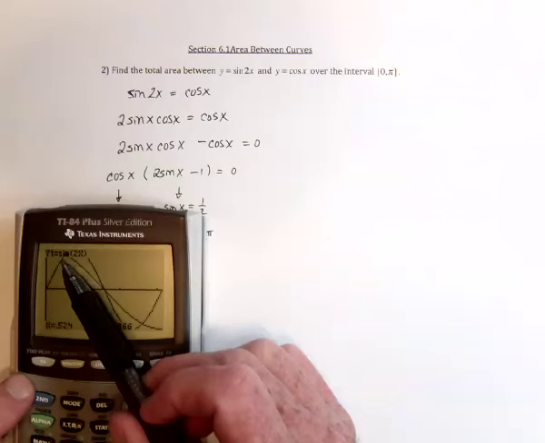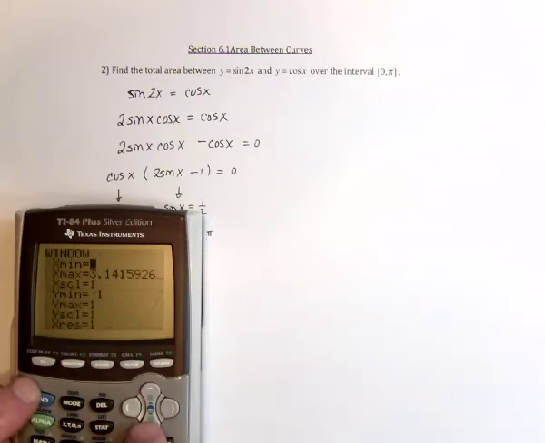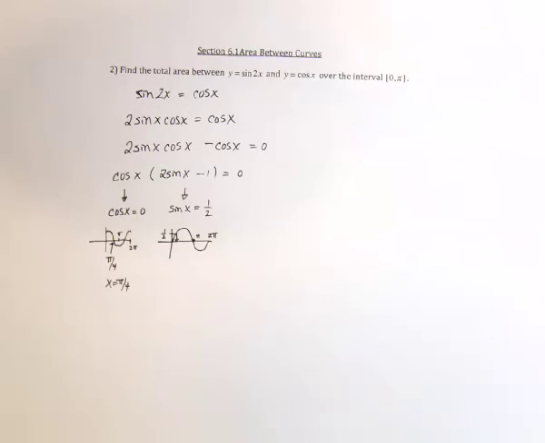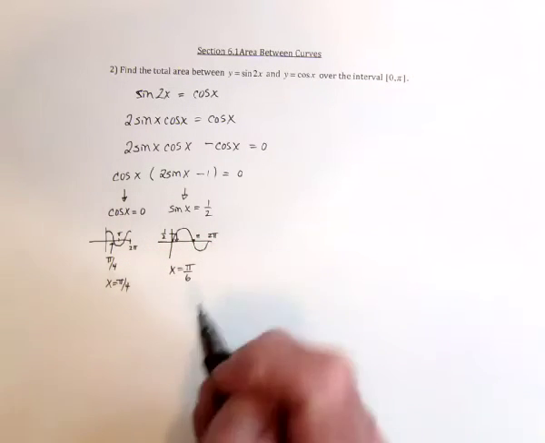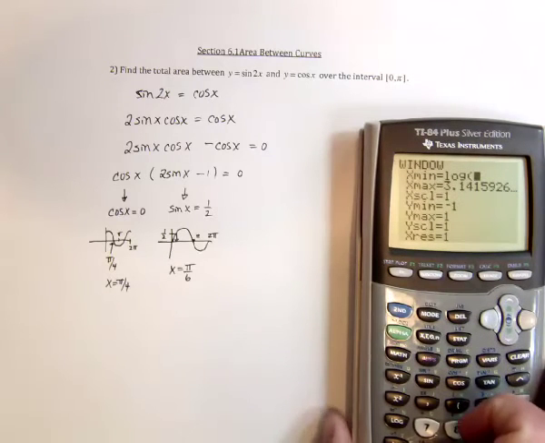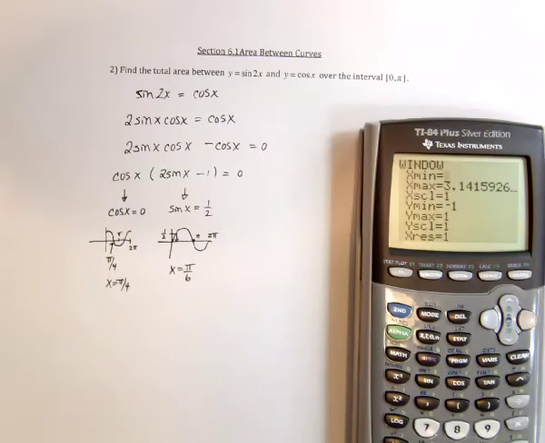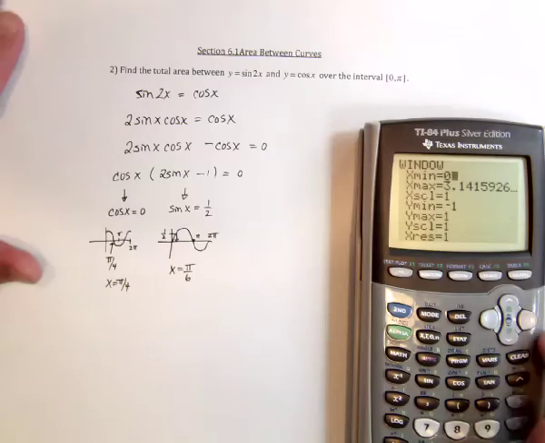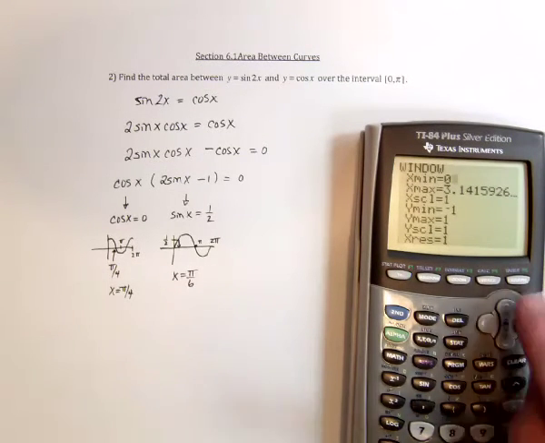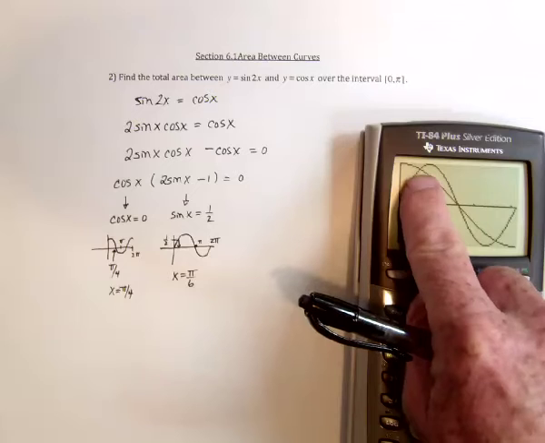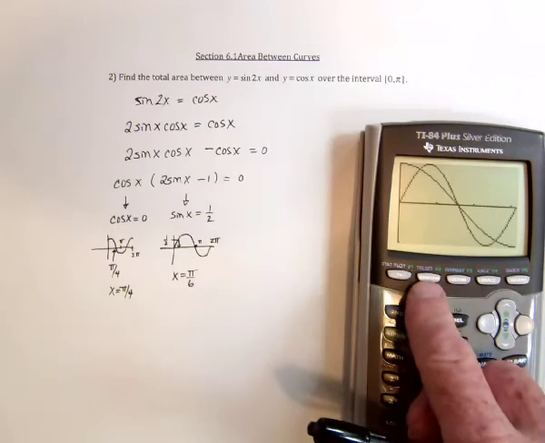I don't know if you can see it, but it is flashing right there where they intersect. So x equals pi over 6. There's still a glare. So if we go back to the graph, we need that point right there, which is pi over 6.